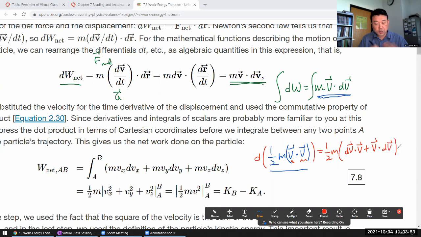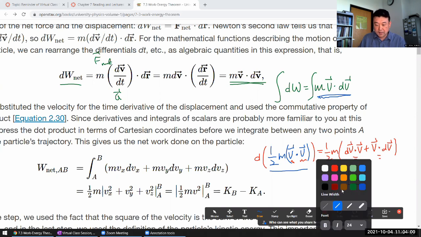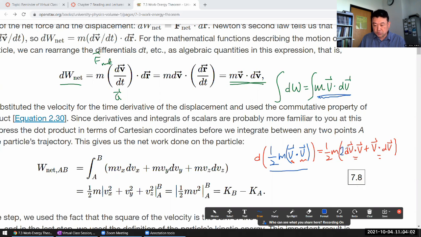And as I was talking about earlier, those products commute. So these two are the same thing. I can just say these two will simplify as 2 times one of these. And the 2 cancels this, and I get m v dot dv. So this looks the same as that. So yeah, this is my antiderivative.